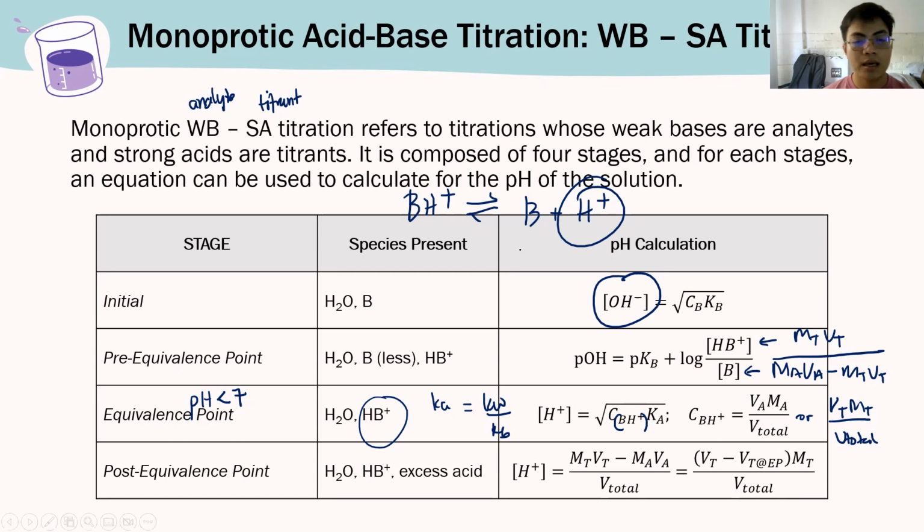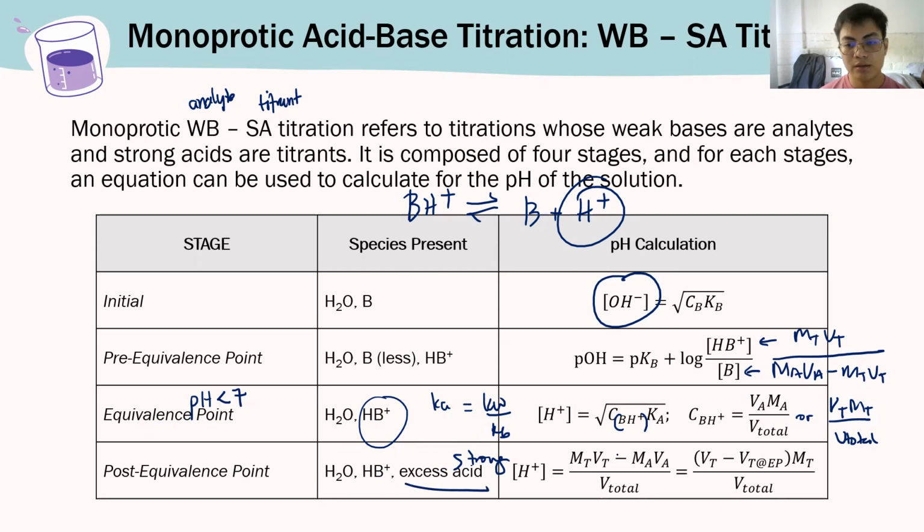And finally, you have the post-equivalence point. So the post-equivalence point, you added too much titrant, too much strong acid, no? So you have your three species here: the water, the conjugate acid, and the excess strong acid. Like kanina, the excess strong acid will determine the pH of the solution.